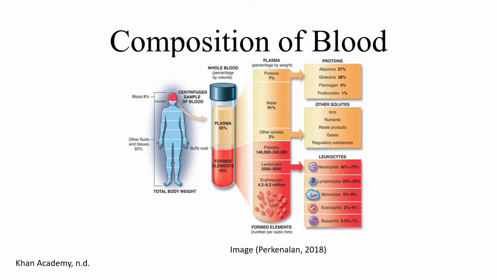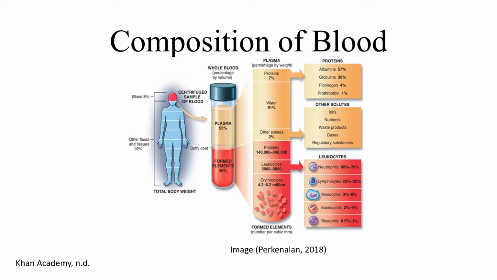Okay, now the elements that make up these components, the plasma consists of about 91% water, 7% protein, and about 2% other solids. So if you look over here to the right side of the picture, underneath proteins, it'll tell you how many percent the proteins have and what they are.